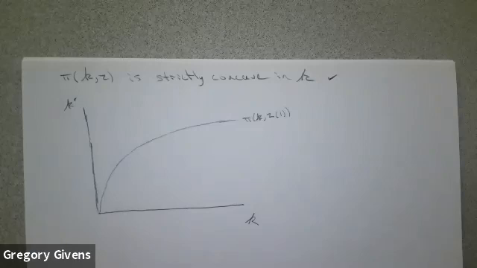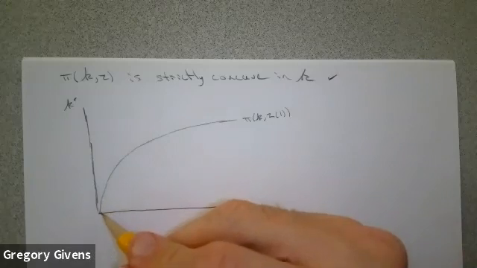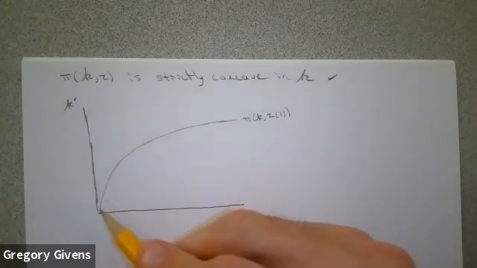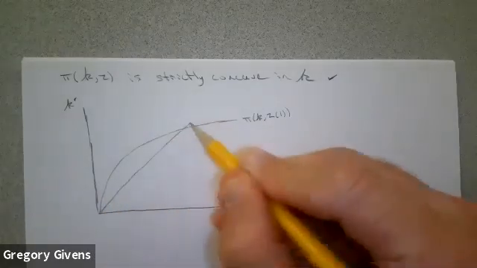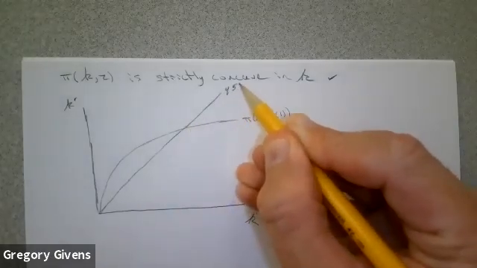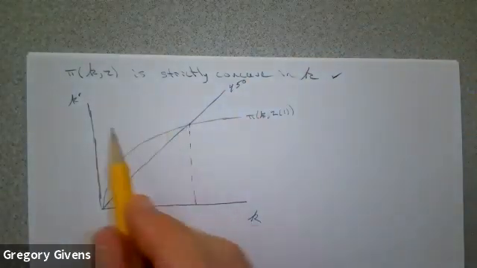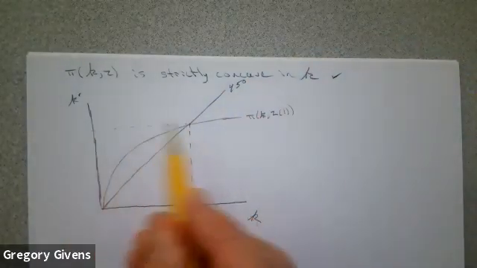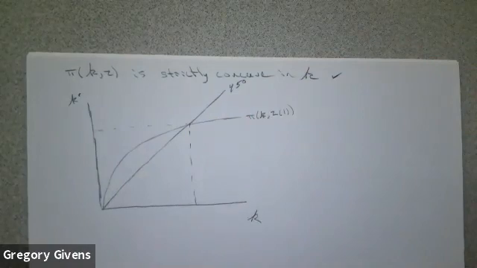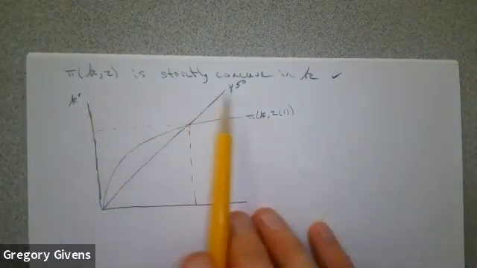If the bad technology shock were to occur every period, we know that the economy would eventually converge to a steady state. That is K min, right? Well, that steady state, of course, is going to occur where the 45-degree line slices through the policy function pi. So why does it make sense that we can assume that pi is strictly concave?